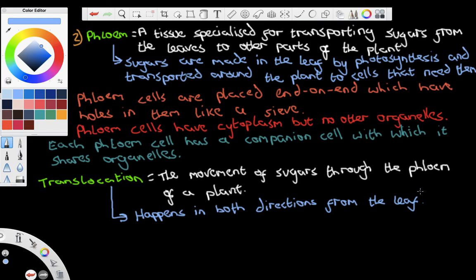Phloem cells have cytoplasm but no other organelles, therefore each phloem cell has a companion cell with which it shares its organelles. Translocation is the movement of sugars through the phloem of a plant, and it happens in both directions from the leaf, so the sugars move both up the plant and down the plant, whereas transpiration streams just move water up the plant.